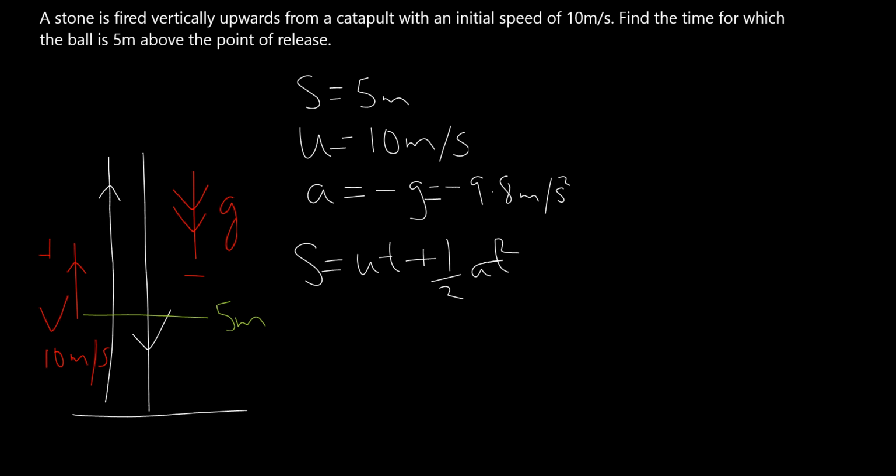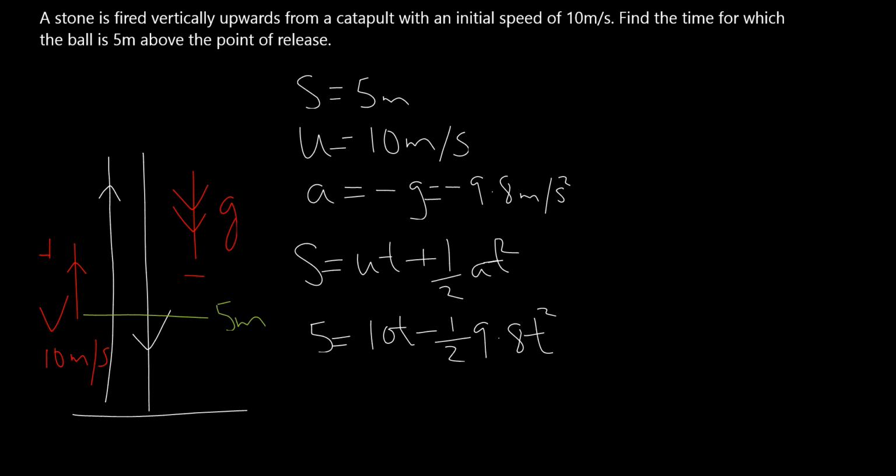Plugging the values in, we get 5 equals 10t minus a half 9.8 t squared, where t is the time since the ball was thrown up.